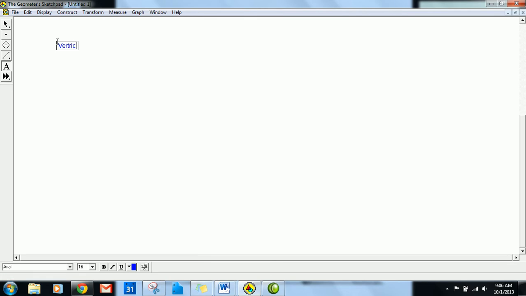What the vertical angle theorem says is as follows: a pair of vertical angles shares the same measure. We'll later call that congruent. They have the same measure, which means they're congruent.